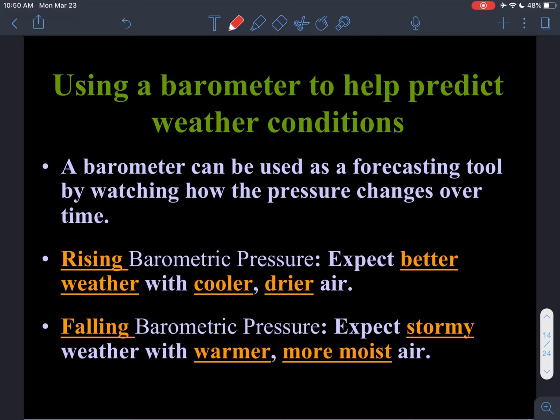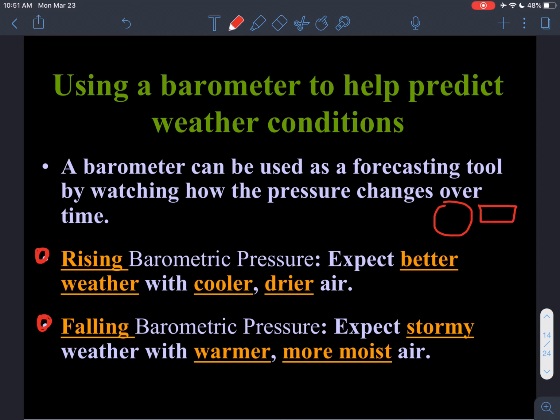Okay, so we're able to use a barometer to determine what's happening to the weather conditions outside. If you recall, on a station model, we had a round circle, and in this little spot we had either a plus or a minus, and that indicated whether the barometric pressure was rising or falling.